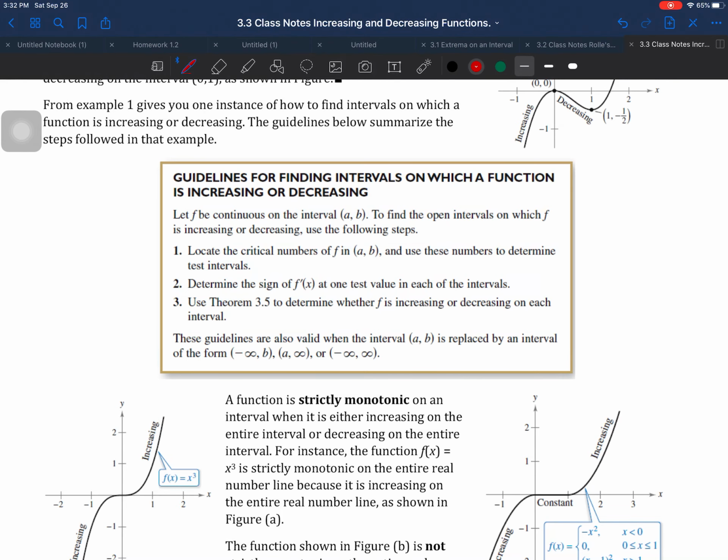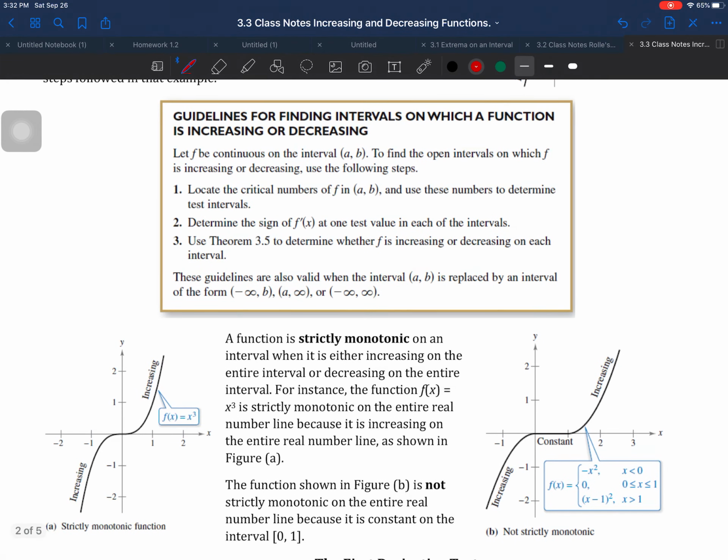Now we're going to define a few more terms. We want to define what it means to be strictly monotonic. The word mono comes from one, right? So monotonic means only one direction.